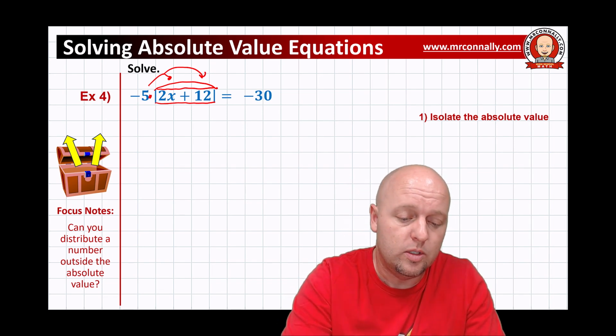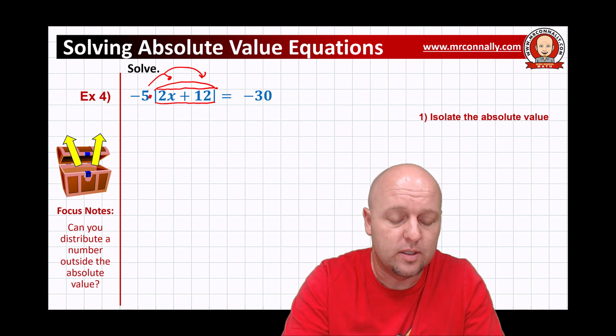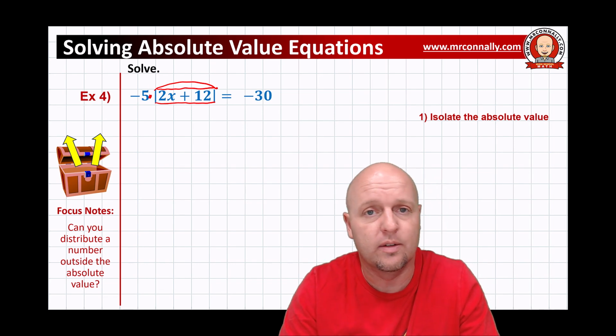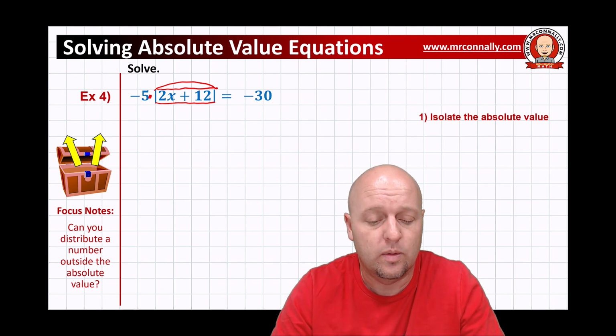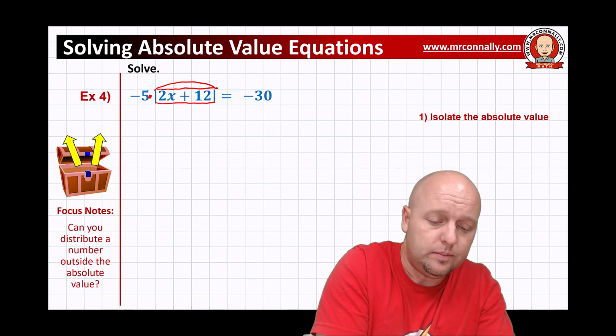Okay, so we could do -5 times 2x plus 12, but I like to think of it as a treasure, which is closed off, and instead we use inverse operations to get rid of it beforehand. So let's divide by -5.